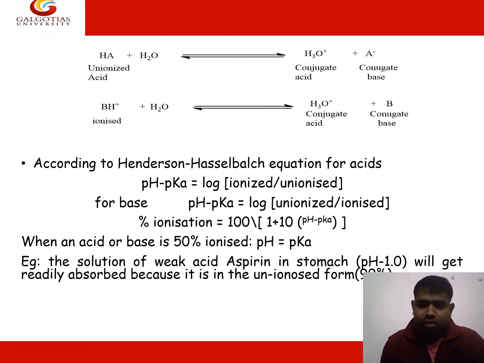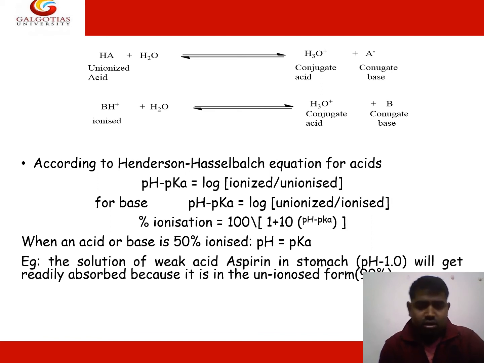The only difference is that the ionized drug forms a conjugated base or conjugated acid having charges on the moiety, the conjugated acid having a positive charge and the conjugated base having a negative charge. Similarly for the unionized drug, when it comes in contact with the aqueous solution, it forms a conjugated acid and conjugated base. The only difference is that the conjugated base doesn't have any charge on its moiety.